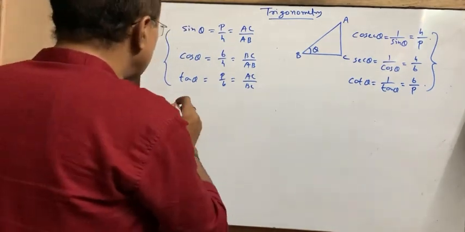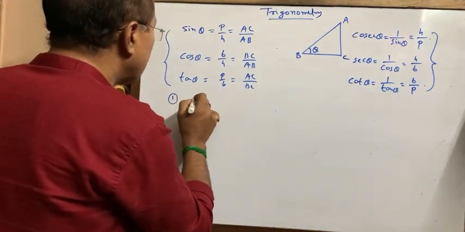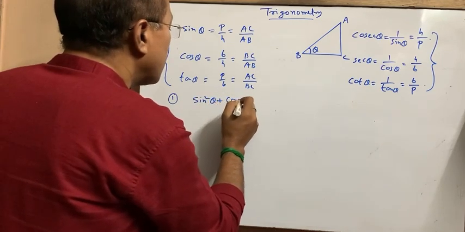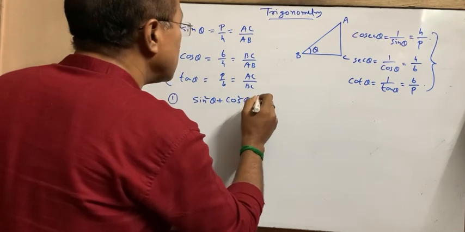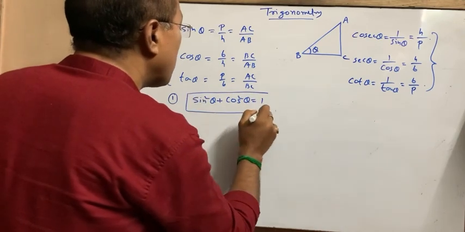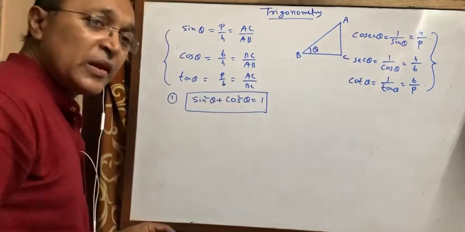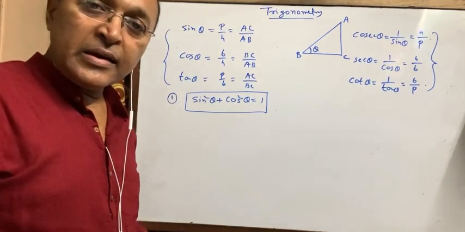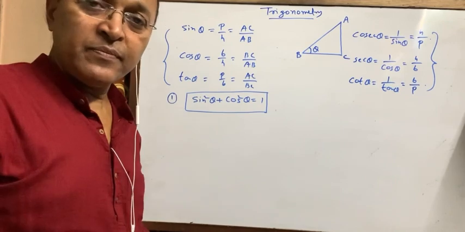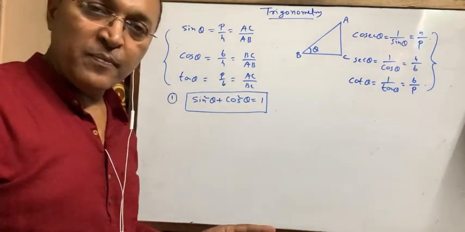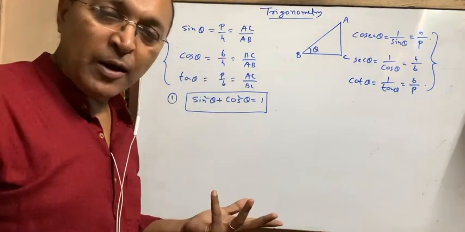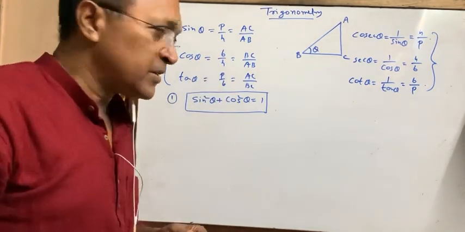The very first relation is sin square theta plus cos square theta is equal to 1. Using Pythagoras theorem, this can be proved also. All of you know sine means perpendicular by hypotenuse, isn't it?